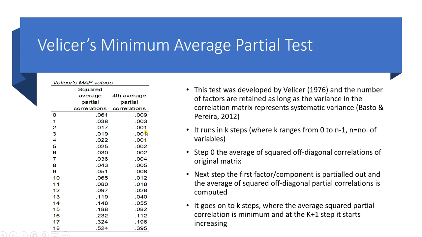And if you see this, the minimum, this is suggesting 0.003, then it is reducing to 0.001. Since these values are the same, 0.001, 0.001, this is the minimum value and this is associated with number of factors 4. So according to this the three factors will be retained.